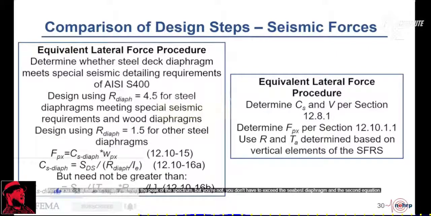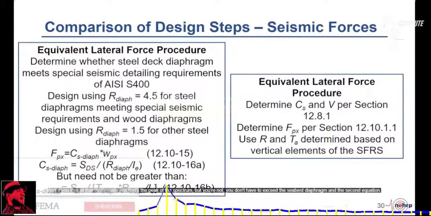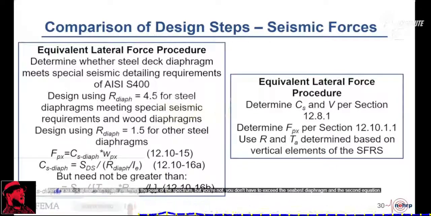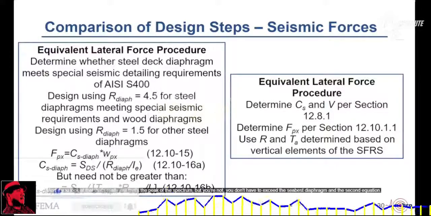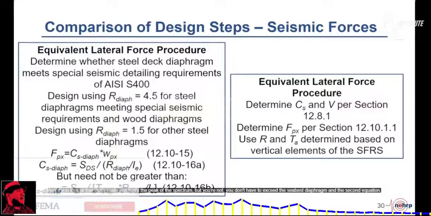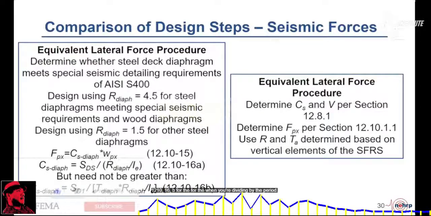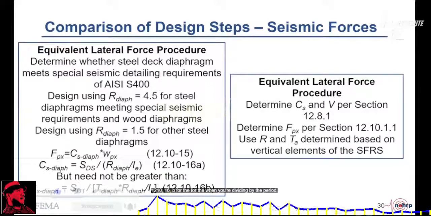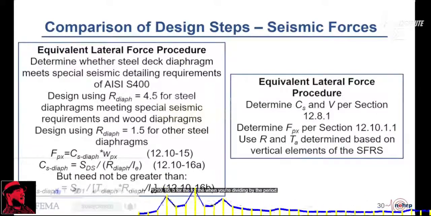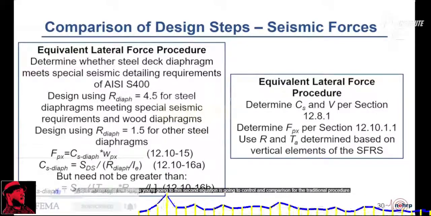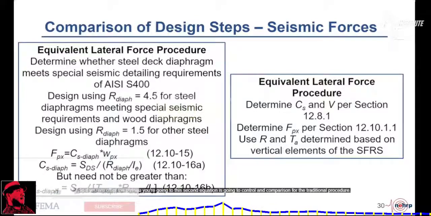That's really the peak of the spectrum, but you don't have to exceed the C_s diaphragm in the second equation, 12.10-16b, for when you're dividing by the period. So if you are off of the plateau, this second equation is going to control.